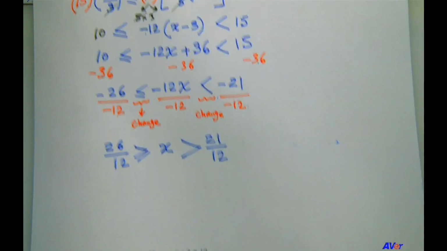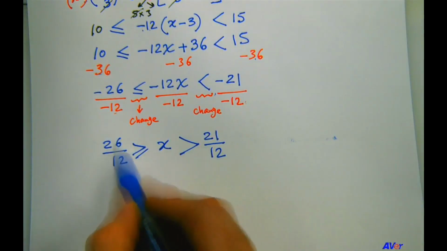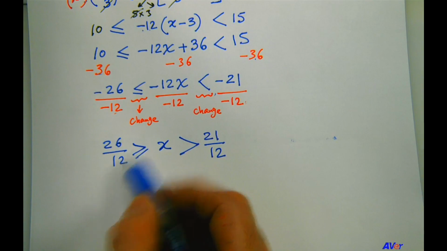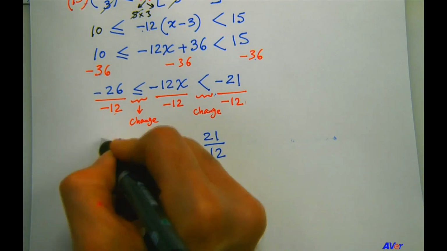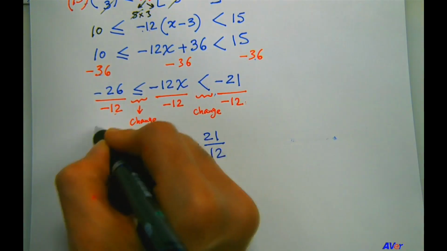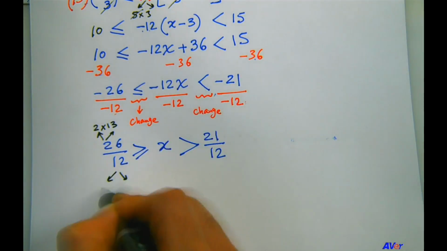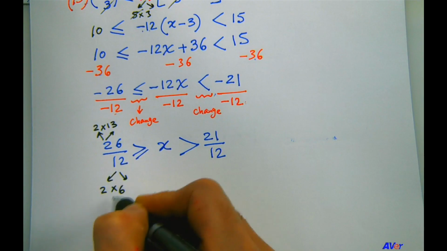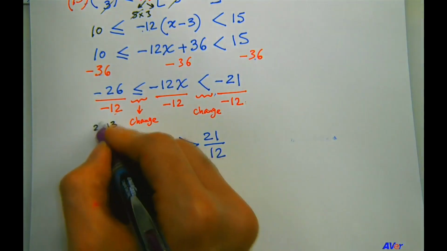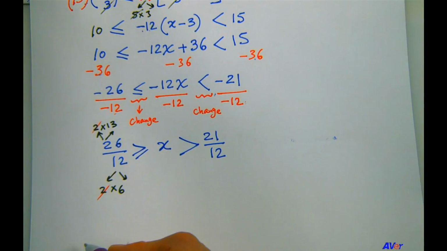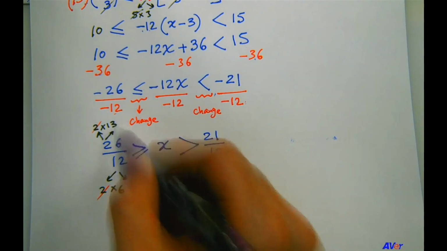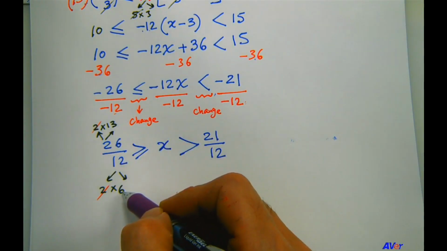Okay. Now we can simplify these numbers. 26 and 12 have 2 as a common factor, right? So 26 is 2 times 13, and 12 is 2 times 6, so the 2s cancel each other out. We're left with 13 over 6.